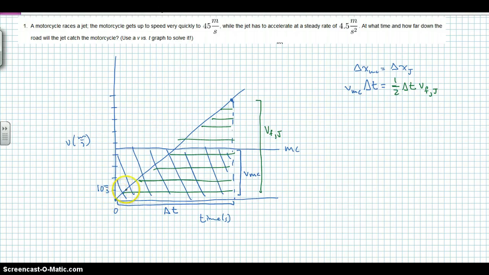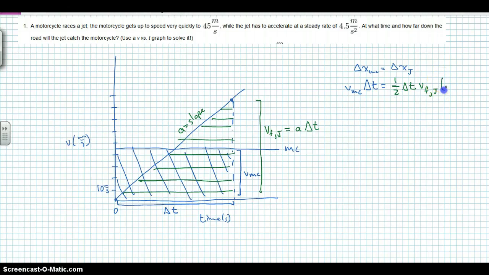So how far have we increased our velocity during this amount of time? Well, if the acceleration is the slope of that graph, the final velocity of the jet is the acceleration times the amount of time it's been accelerating for since it started from rest.